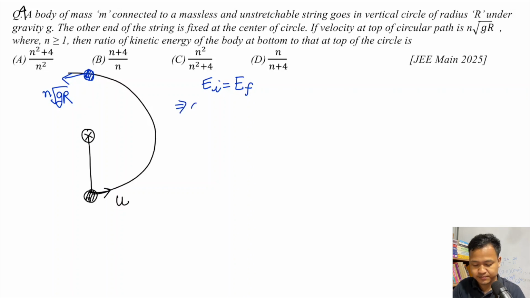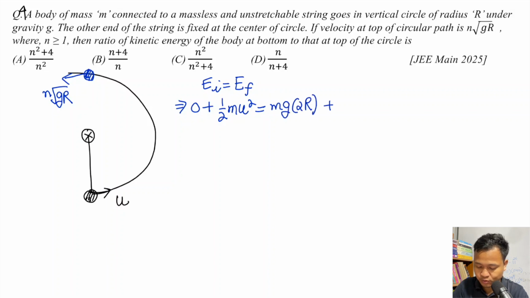Initially, potential energy is 0 plus kinetic energy, half m u square, should be equal to finally potential energy, which is mg into 2r, plus kinetic energy, half mv square. So this is the conservation of energy: half mu square plus 2mgr.